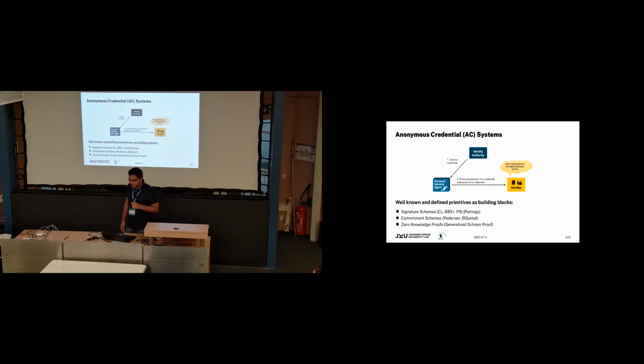It works as follows. There are two steps. In issuing, an authority will issue a credential to users, which is a signature with a specific algebraic structure, a very nice property. In the second step, a user can prove, using a zero knowledge proof and this credential, that they know a credential for some set of attributes without showing the credential itself or additional information.